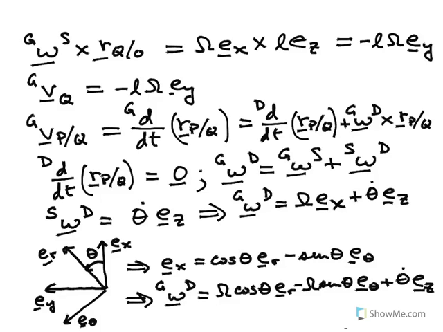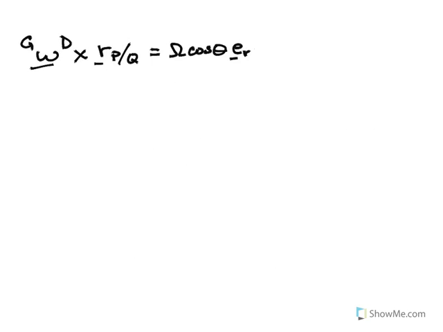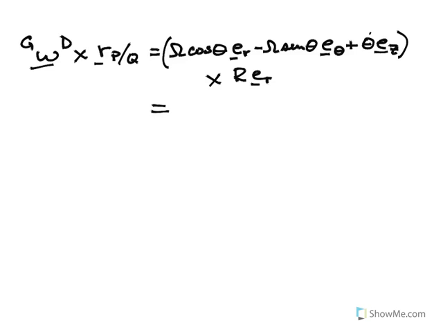The angular velocity of the disk as viewed by an observer fixed to the ground crossed with the position of P relative to Q is then equal to omega cosine theta times Er minus omega sine theta times E theta plus theta dot Ez, crossed with R Er, which is equal to, now let's do the calculations.